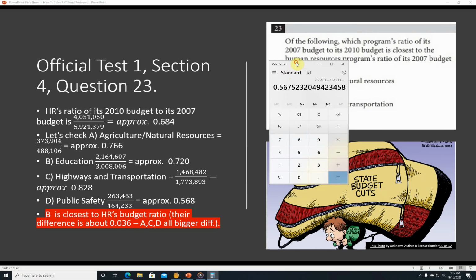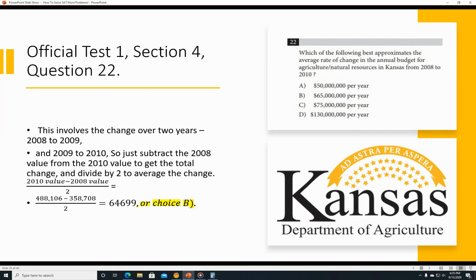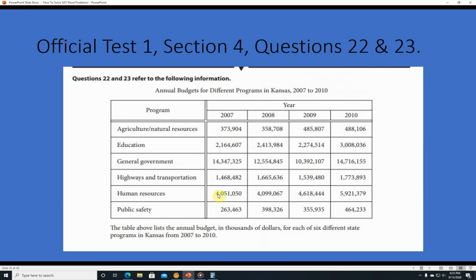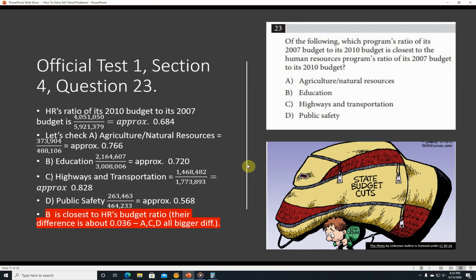So we can see from these values that we got from here, you can see public safety, take this, divide it by that. Highways and transportation, you take this, divide it by that. So B is closest to the HR's human resources budget ratio.